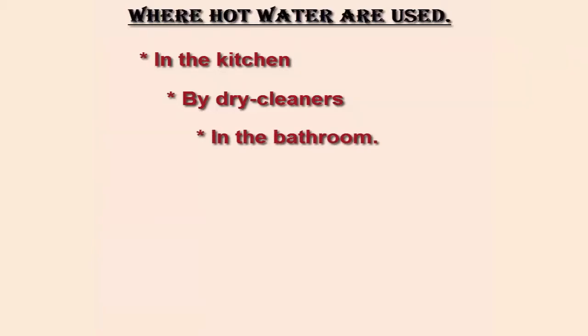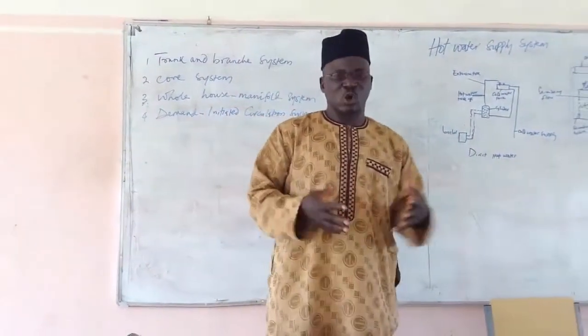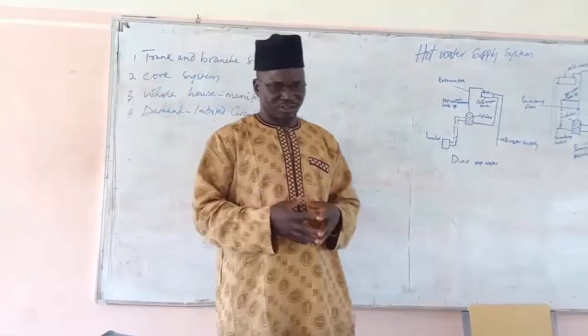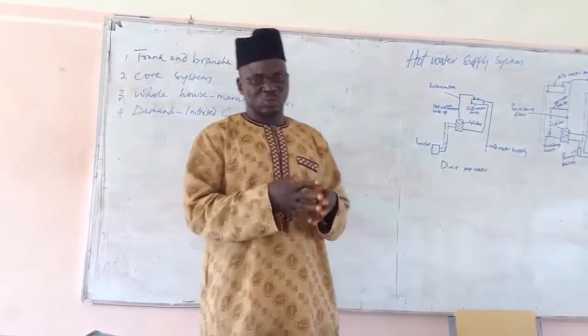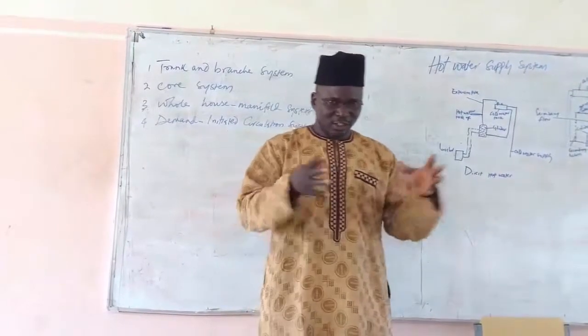Those are the common places we use hot water in our domestic homes. Now, having seen what hot water is and what it is used for, we want to see how we heat this water and how we distribute it. That is what you are going to see.